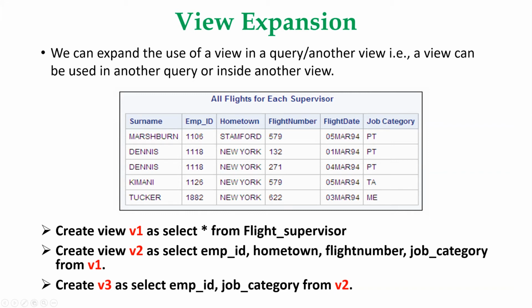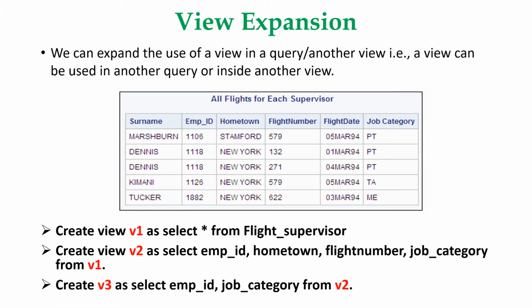So take for example, this is a table which contains flight supervisor details. I am going to create a view as select star from flight supervisor. So the entire set of attributes of this table is created as a view, that is named V1.